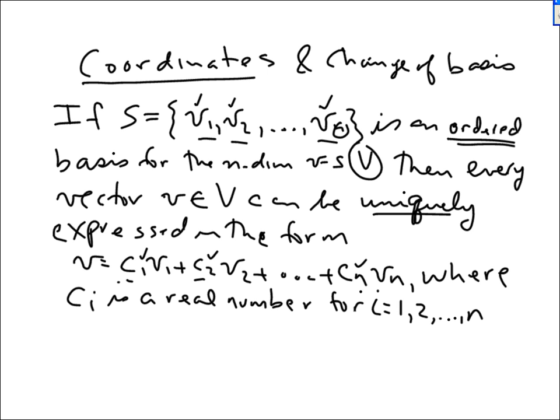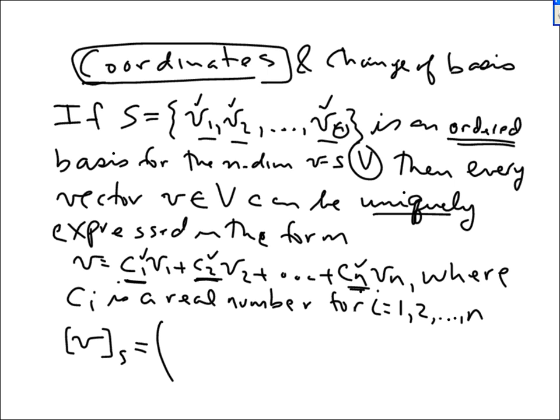So now the coordinates. We can write that vector v, in terms of the basis S, we can just define this to be the scalars.